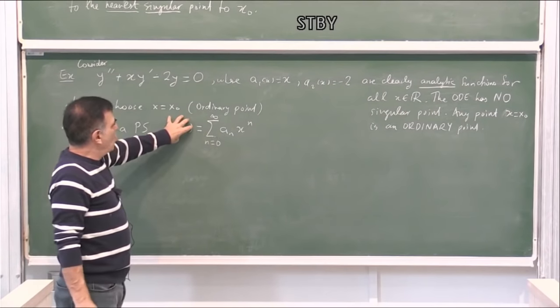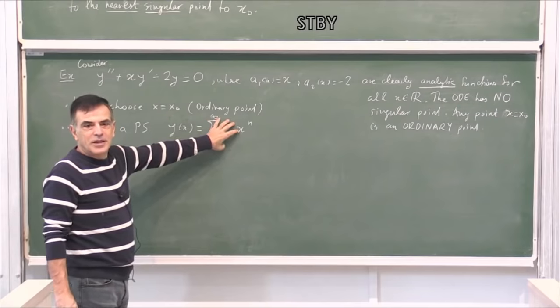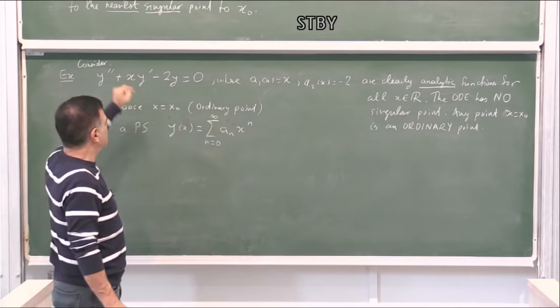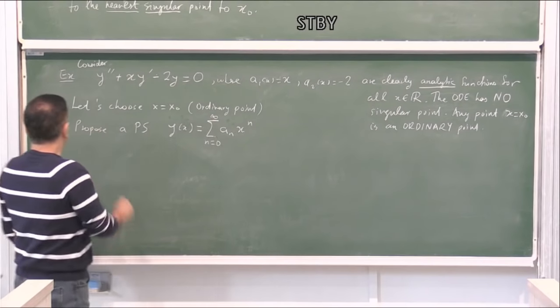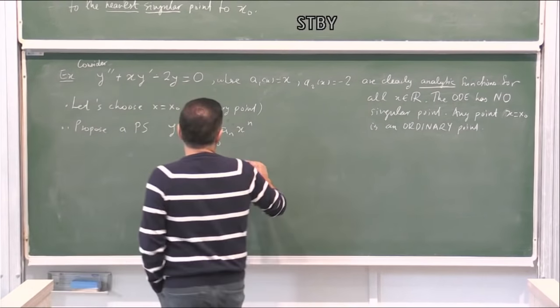So I don't know y of x, but I can calculate its Maclaurin series about the origin. Origin is an ordinary point. So what is the radius of convergence? Let's choose x0 equal to 0 for simplicity.